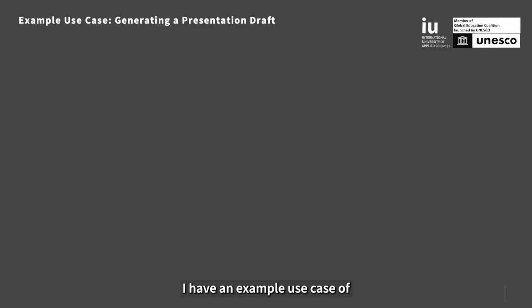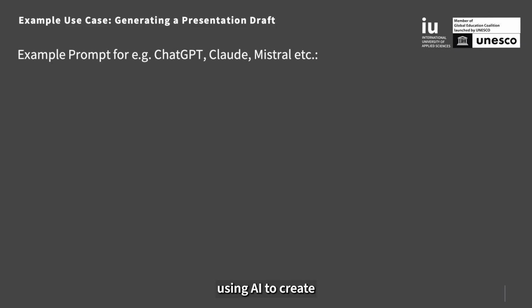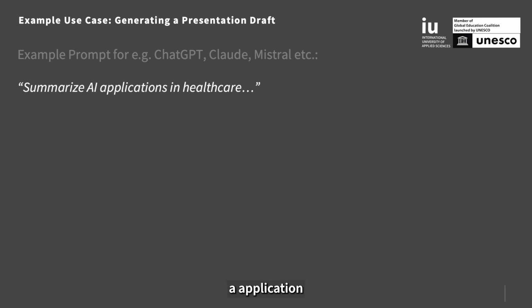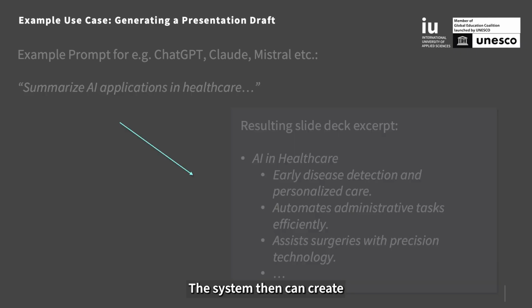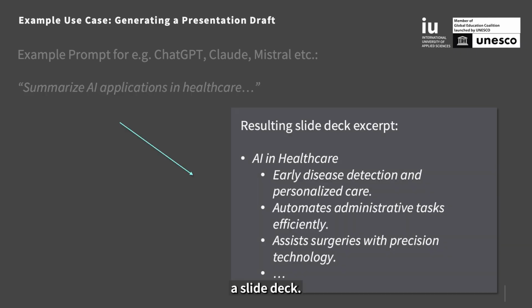Here on this slide, I have an example use case of using AI to create a presentation draft. So if I use an example prompt, for example, for ChatGPT, Claude, Mistral, or similar systems, such as start with summarize AI application in healthcare, and a few more things in there, the system then can create a slide deck.